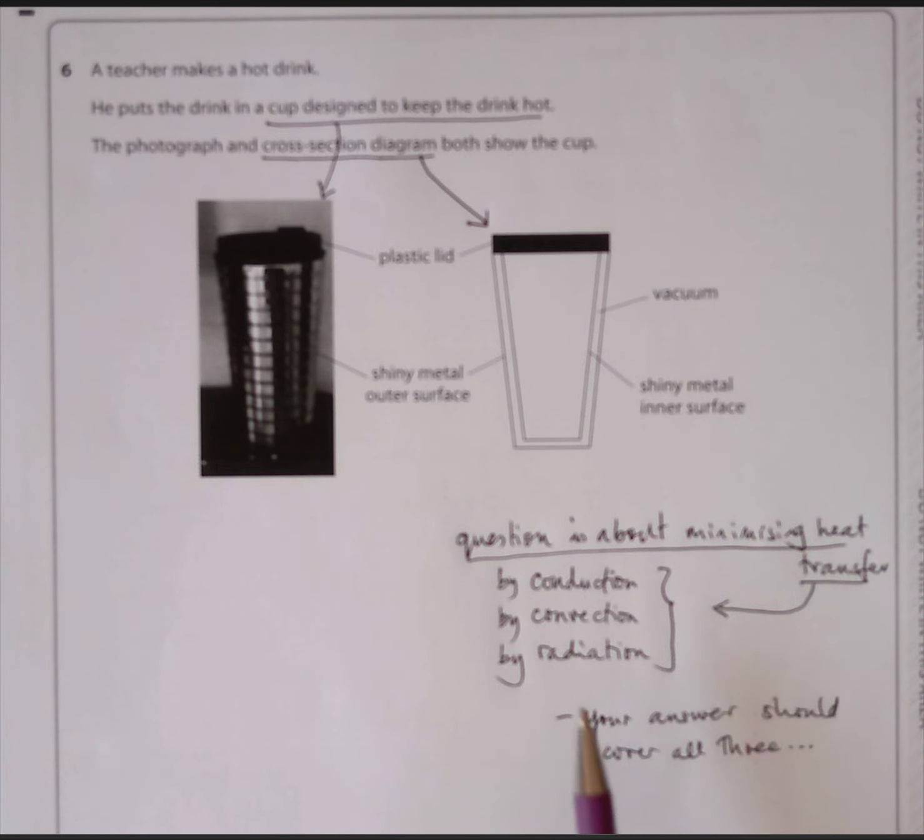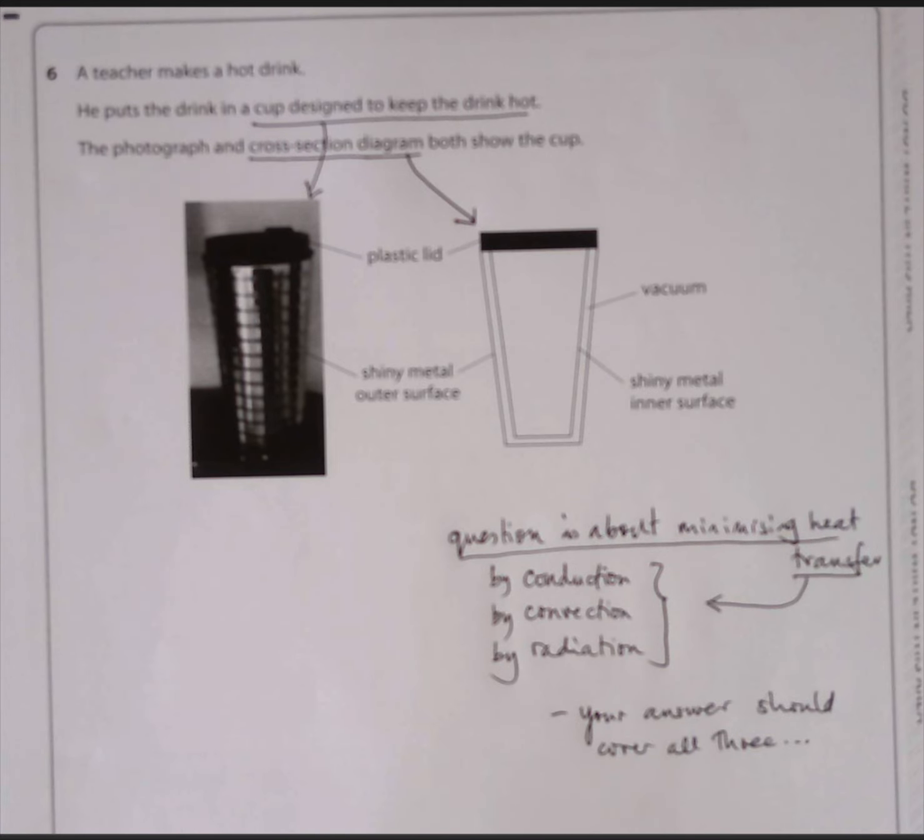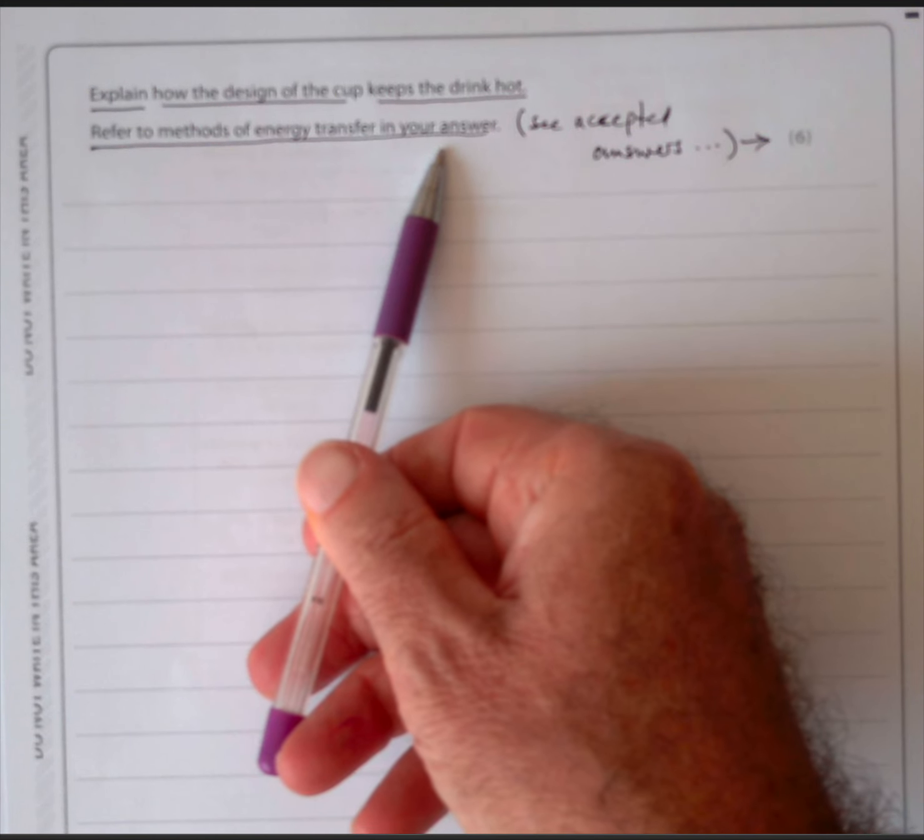So this question is about minimizing heat transfer in 3 ways: by conduction, by convection, by radiation. Your answer should cover all 3. They've got 6 marks to award for this, and they give you a whole paragraph. You have to refer to the method of energy transfer in your answer.